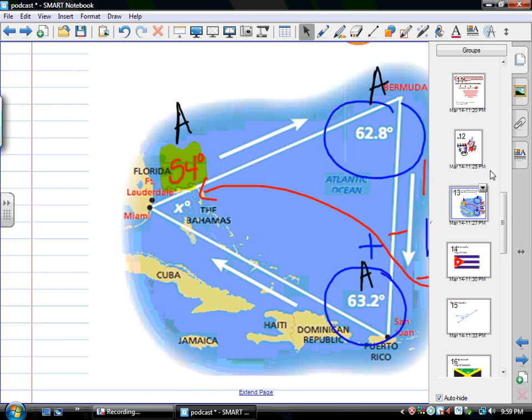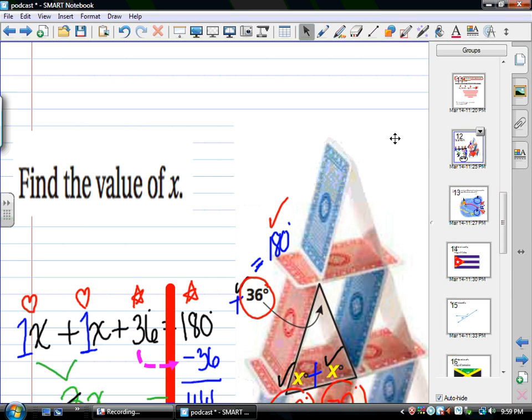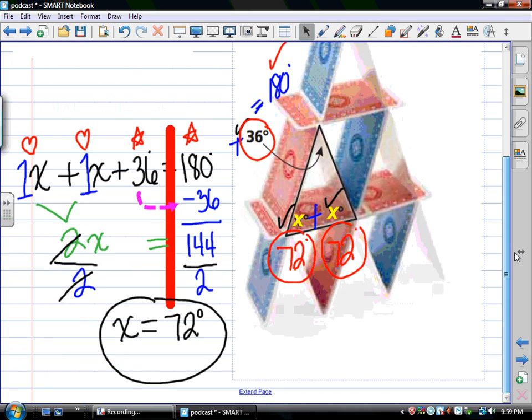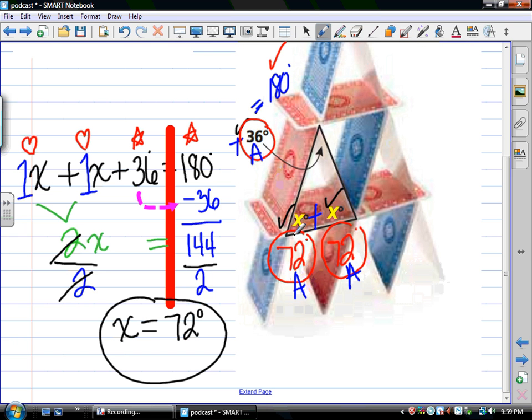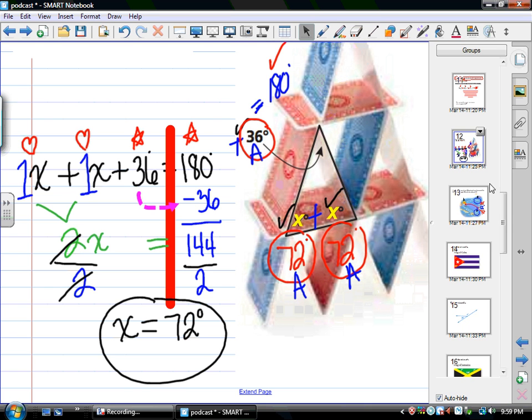And plus 20 for your group on the last problem if you also correctly identified the triangle as being one, isosceles, and two, an acute triangle, because all the measures of the angles in this triangle are acute. So this is an isosceles acute triangle.